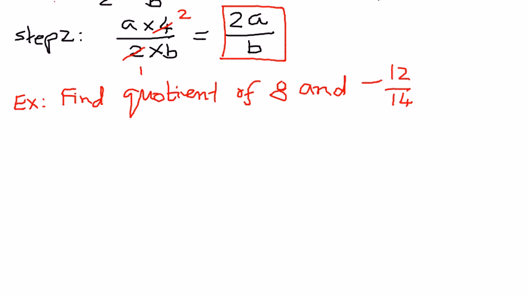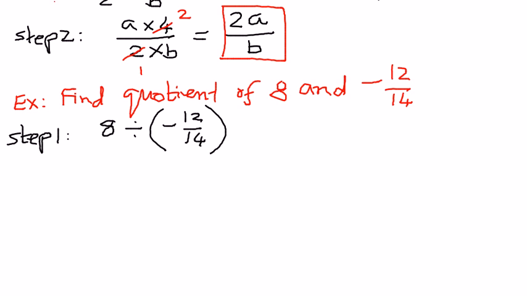Coefficient means finding it is a division related problem. So as step number 1, we will convert this word problem into an equation here. The first number we have is 8, and we want to divide that by the second number, which is negative 12 over 14, like that.